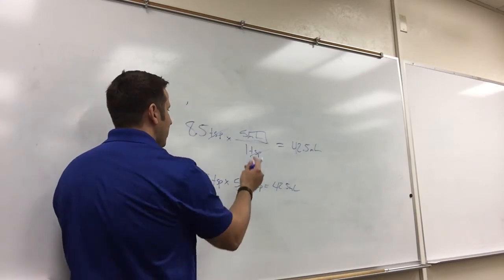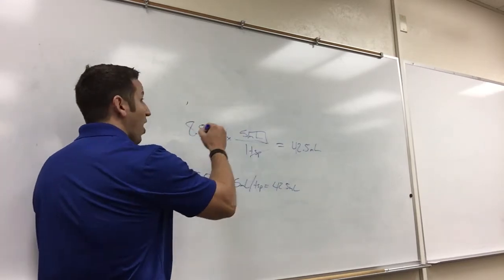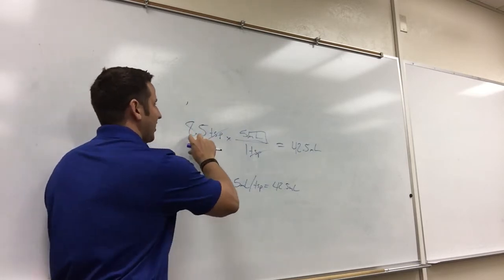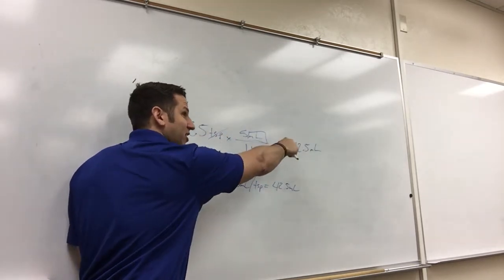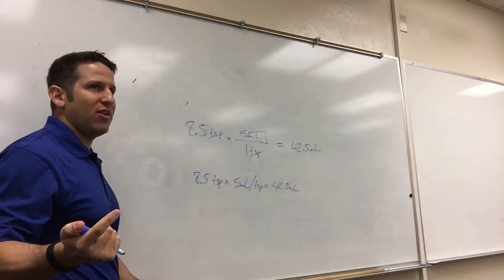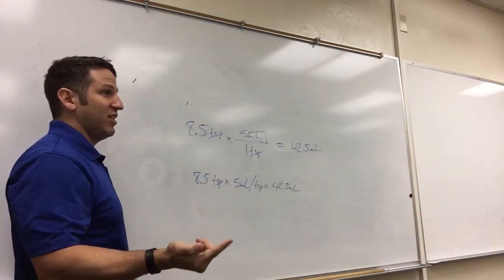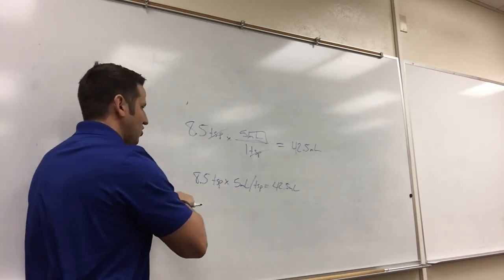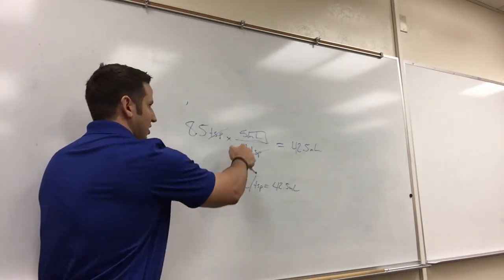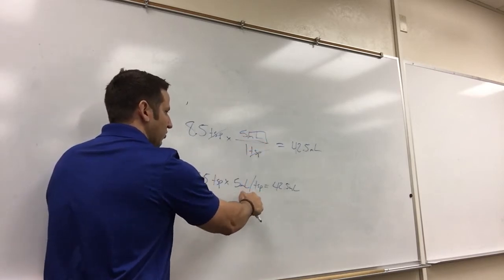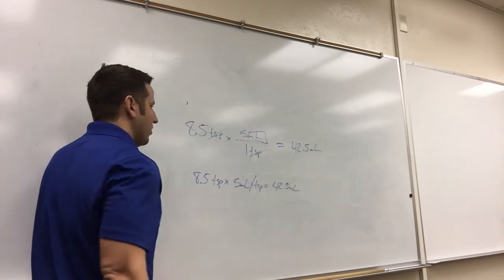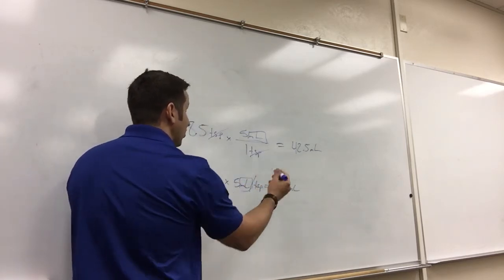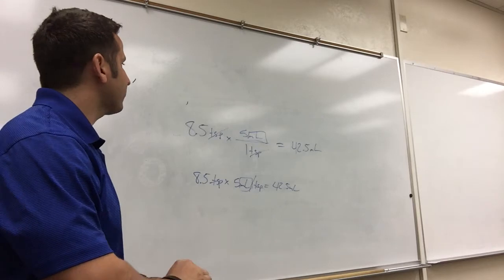I did have some people last semester that would write it a line at a time and then underline so that it looked exactly like this, which was very impressive and made it easy to follow. But that takes a lot of time, and you have limited time for these tests. If you just put it in a linear fashion, 5 mLs over 1 teaspoon is fine with me, just so I know that those cross out, leaving mLs, and you can do your math.